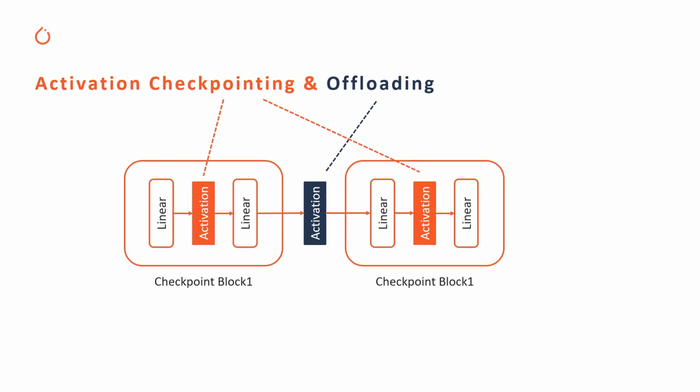The second distinction is that they also apply to different activation tensors. Activation checkpointing applies to activations within a checkpoint block, while activation offloading applies to activations outside of the checkpointing blocks.